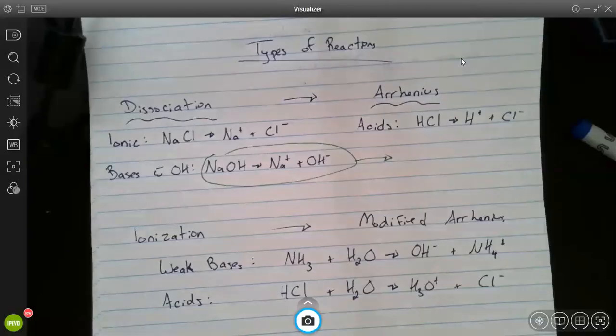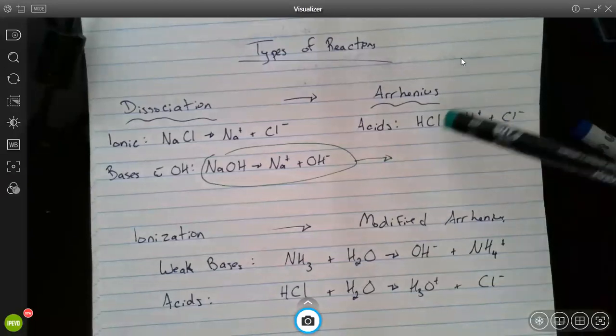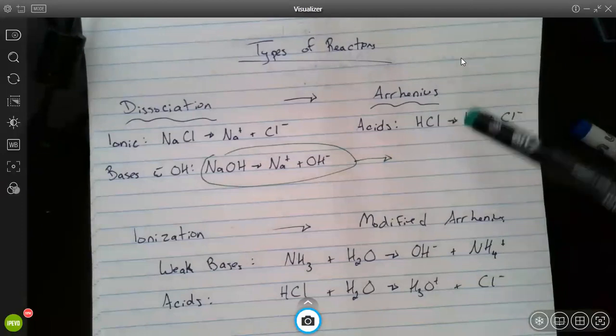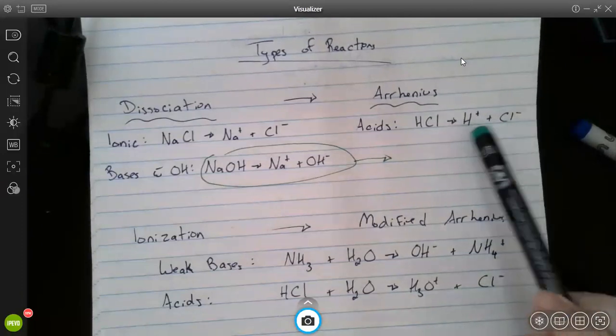Okay, what I'm going to go through now is just a couple examples of some of these equations and identifying your conjugate acid-base pairs. Okay, so this is just a summary of the different types of reactions that affect acids and bases. So you have the Arrhenius equation here, which is when we take our acid and we just dissociate it. So we just break it apart into the two different ions.